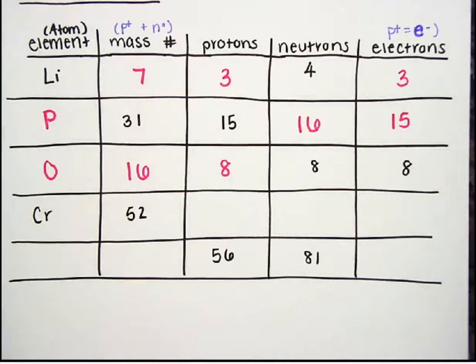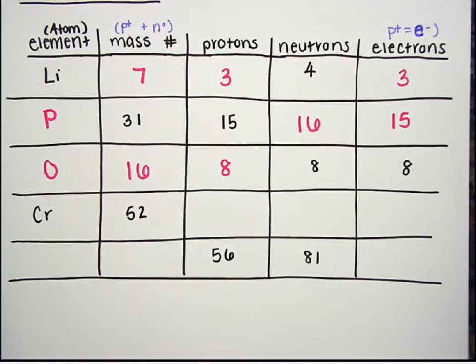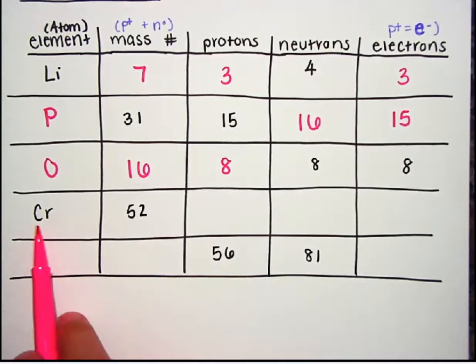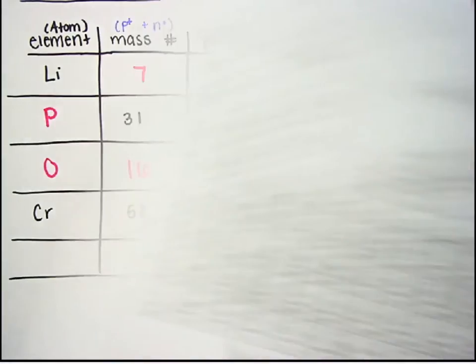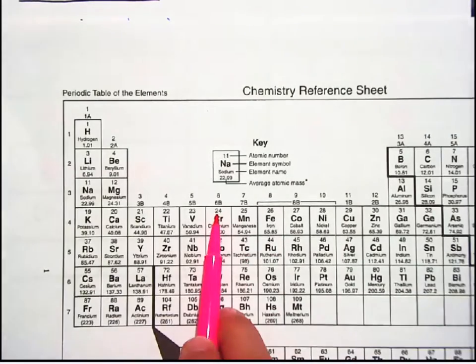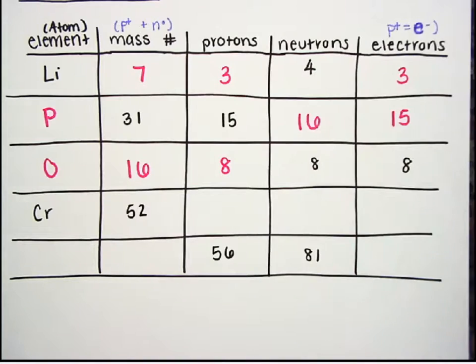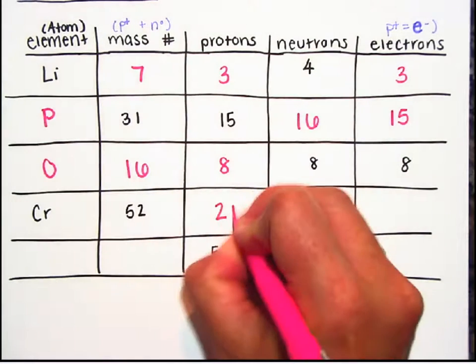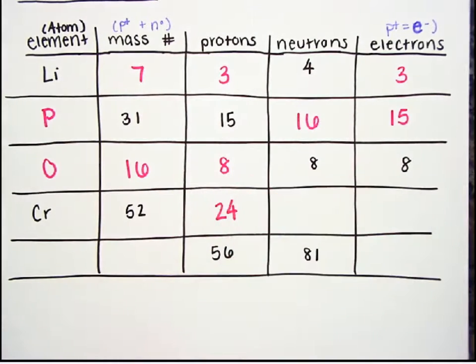Again, pause the video, try row 4 on your own, unpause when you're ready to check your work. If you're given the element, the first thing you should do is go to the periodic table. Cr is chromium. Chromium is atomic number 24. That means there are 24 protons.